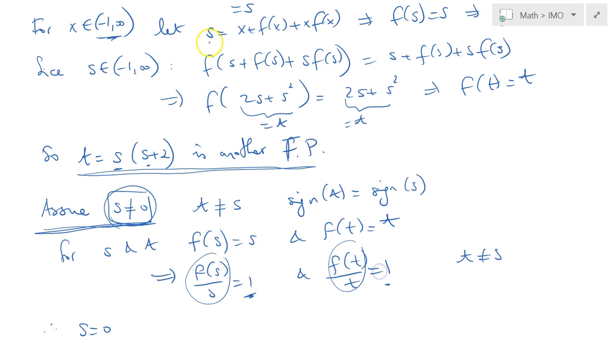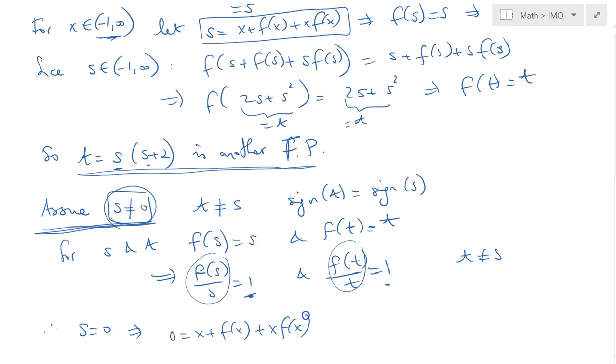And as a result, if you recall the way we defined s, this implies that 0 is equal to x plus f of x plus x f of x. Move x to the left hand side and factor out f of x. We get that f of x is equal to minus x all over 1 plus x.